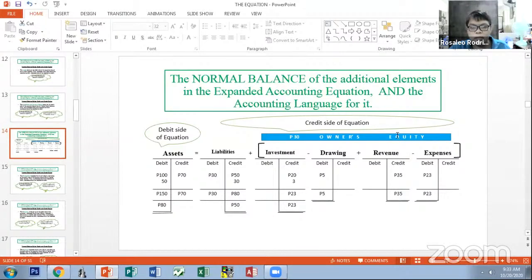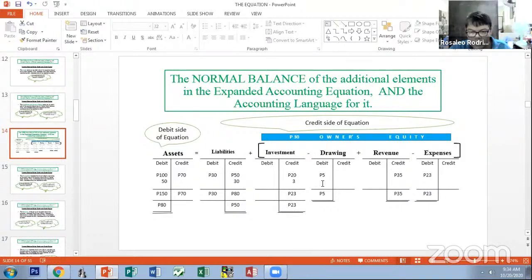So the readers of the financial statements, the summary of this data as accounting information, the user of the information will not be able to know. If this drawing amount is very important to him, he will not be able to know because it will be lodged here, incorporated here, and summarized into the balance.